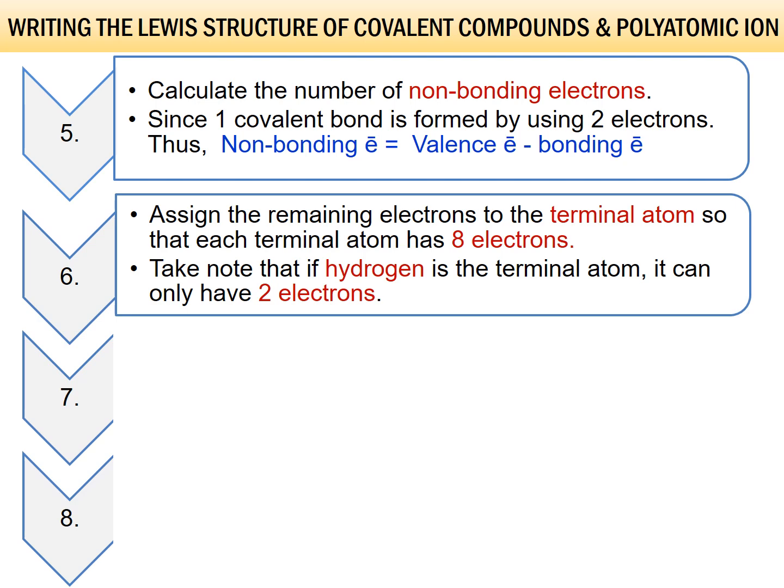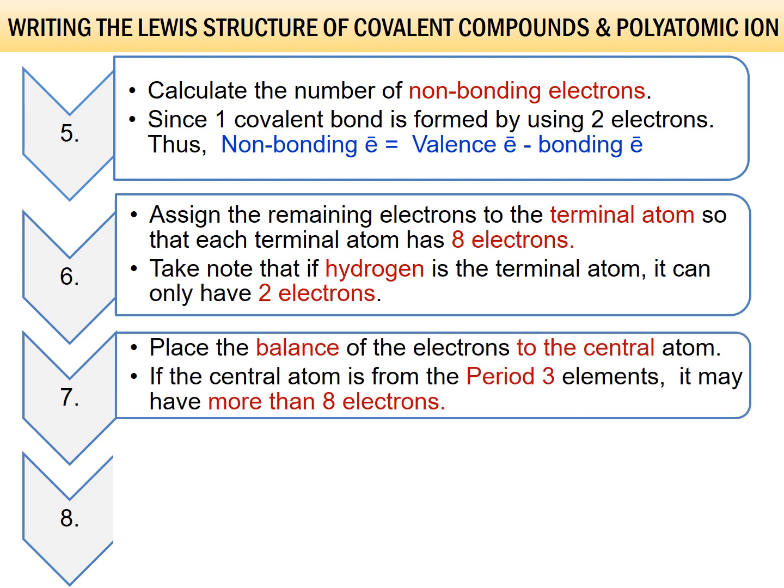If there are just enough valence electrons so that every terminal atom has an octet, except hydrogen, it means the Lewis structure is complete. Step 7. If there are extra valence electrons, then put them around the central atom. Last step.